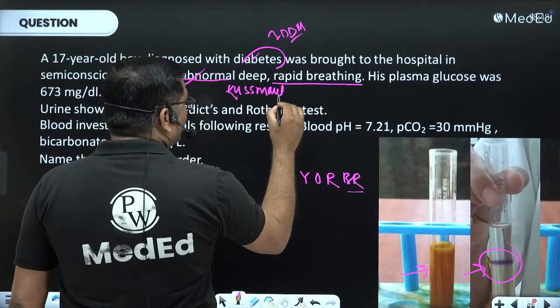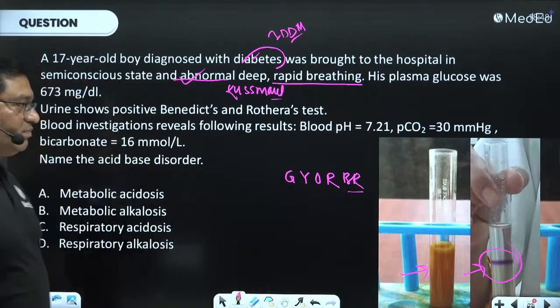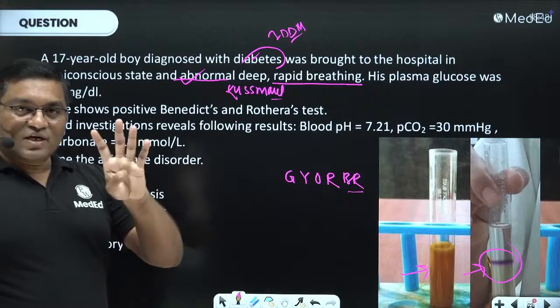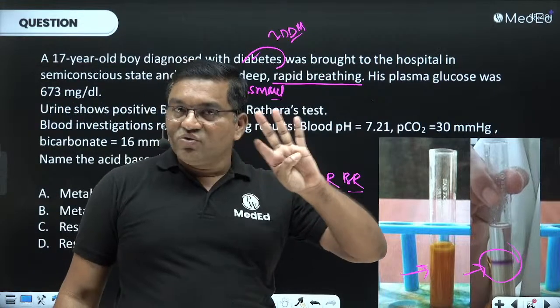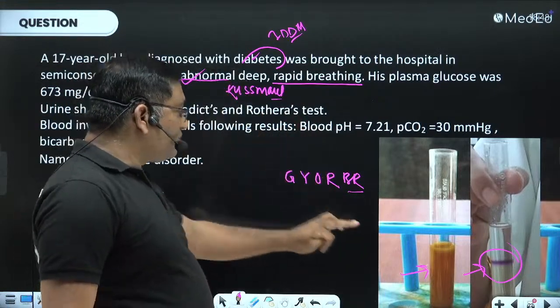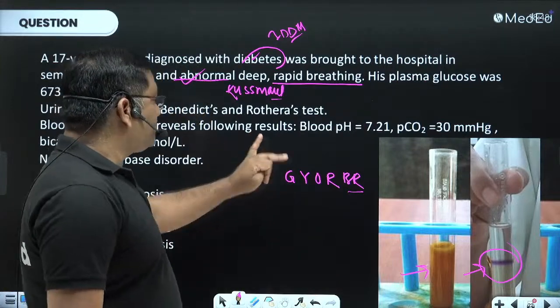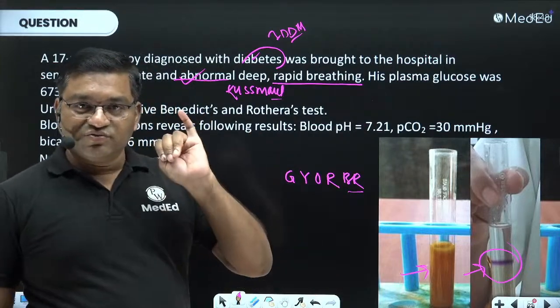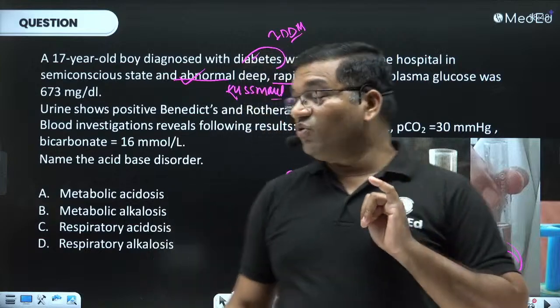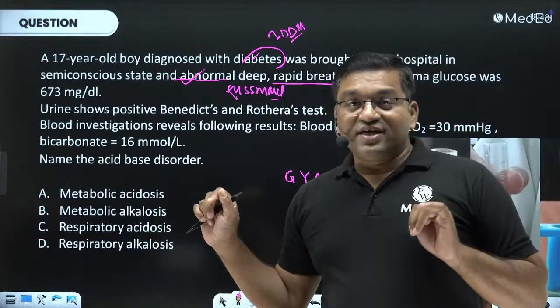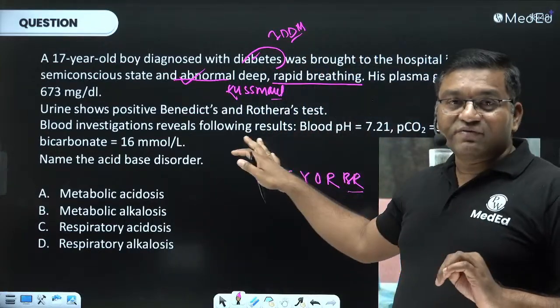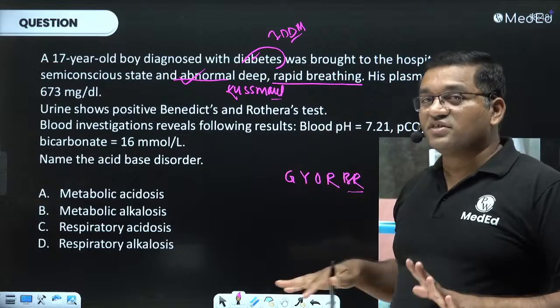This is a very, very important clinical case, because it includes carbohydrate metabolism, lipid metabolism, the practical examination, and acid-base imbalance. So four important topics are involved in this case. That's why this is an important case for the entrance examination.